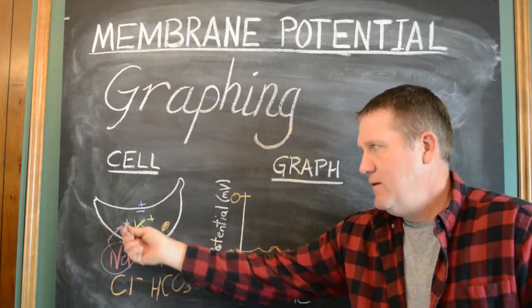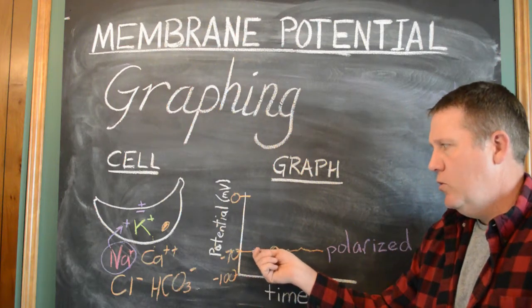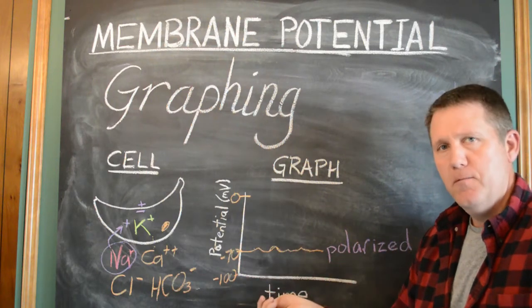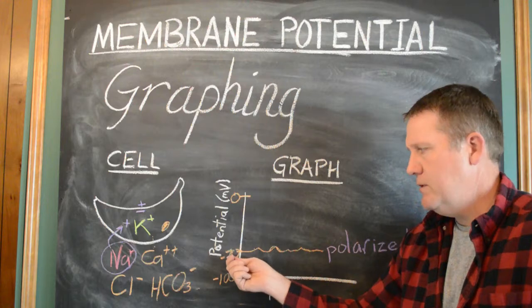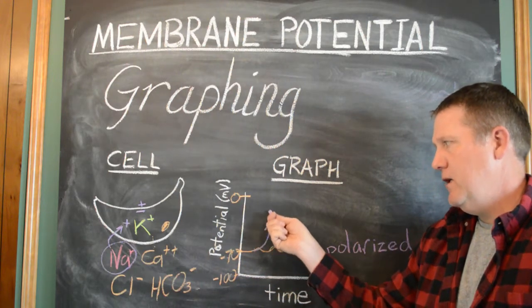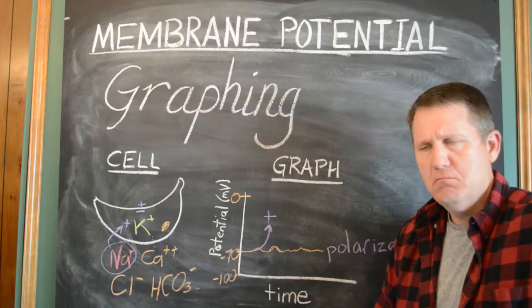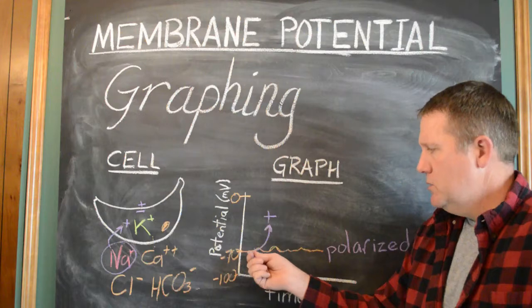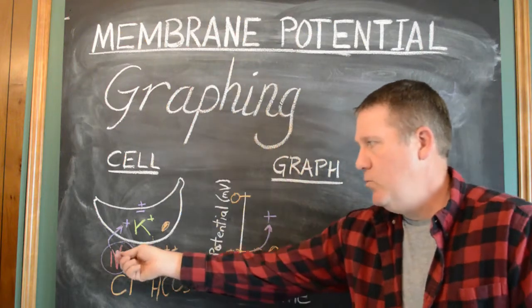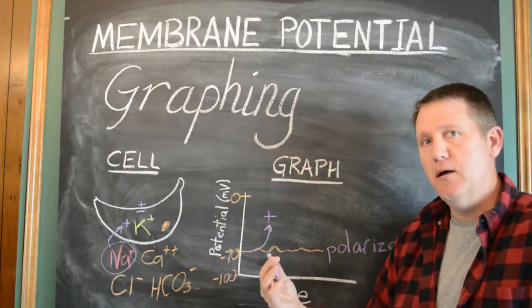So if the inside of the cell is becoming more positive, on the graph, would that go up or down? It would go up because this is a negative number, and so that is in a more positive direction. Does that make sense? I hope so. So that's going up. That would be what would happen if these positive ions came into the cell.